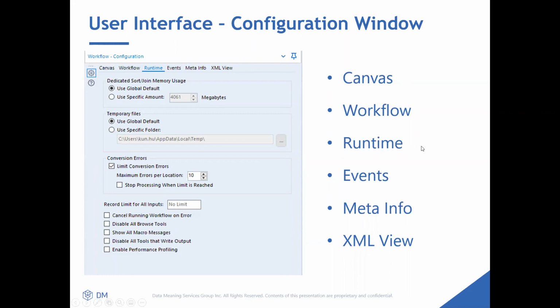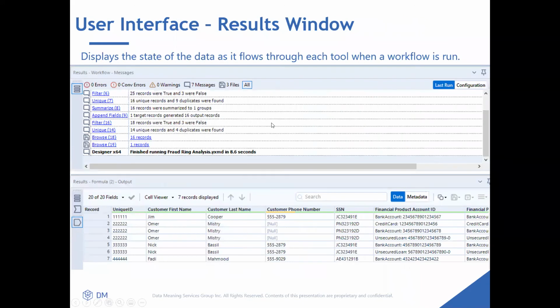And the third one is the result window. In the result window, when we run a workflow and as we're putting our data together, we want to be able to tell step by step what our data looks like at that particular point.